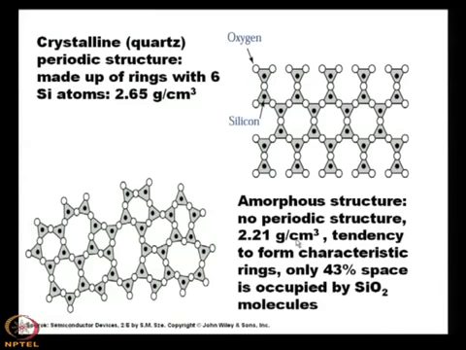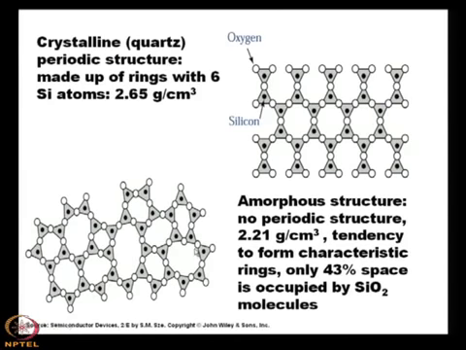If you compare this with the crystalline structure, it is 2.65. So the crystalline structure is more closely packed, and this one is an amorphous structure because there is no periodicity, though there is a tendency.